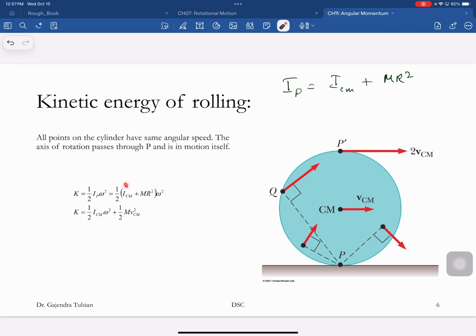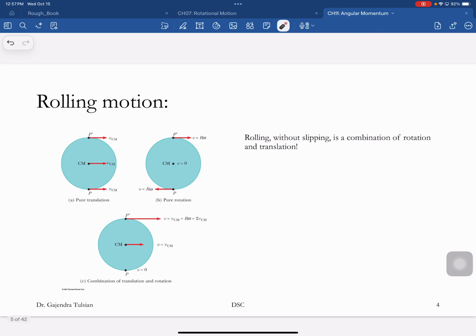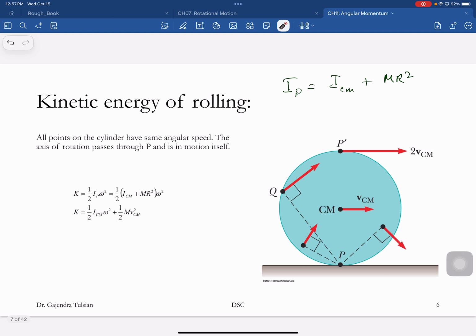And so this term is the kinetic energy of pure rotation. In the formula we are showing you, this is the kinetic energy of pure rotation, and this is the kinetic energy of pure translation.